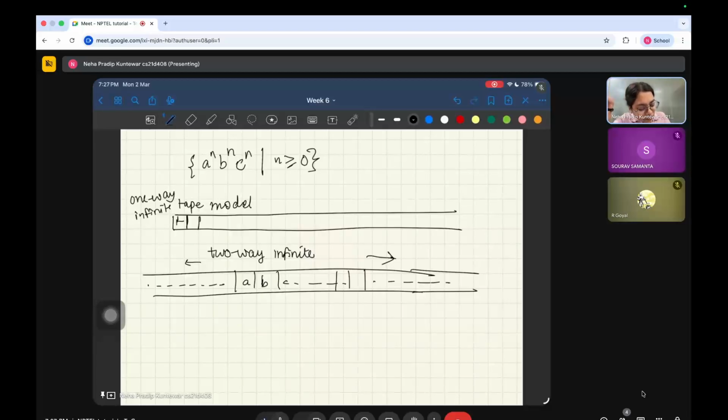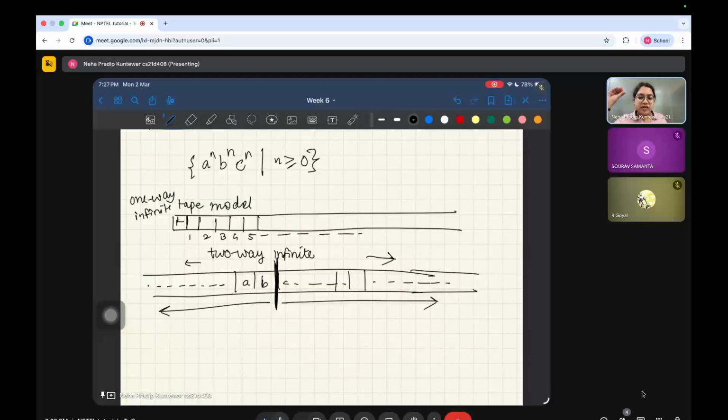Basically, let's say these are the cell numbers, and this is where I decide to keep a marker, with an infinite number of cells to the left and to the right.